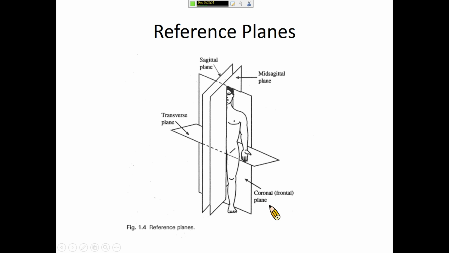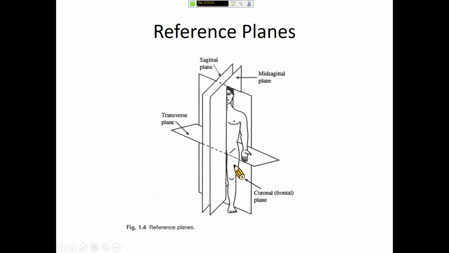The meaning is front. So I can say the anterior surface of the thigh. That just means this part.